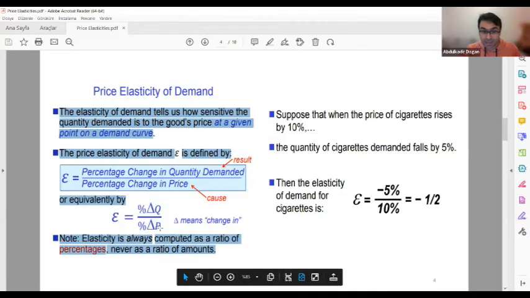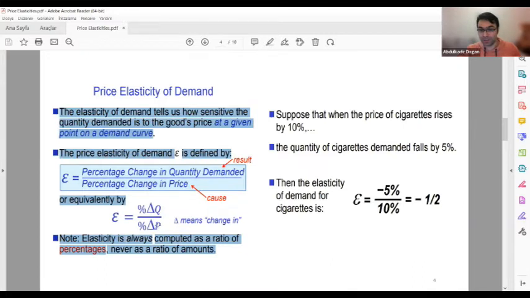If I increase my price by 50%, and if my demand is elastic, what does this mean? My quantity demanded will decrease by more than 50% to make my demand elastic, right? Because if this is 50 and this number is greater than 1, this numerator will be greater than 50.